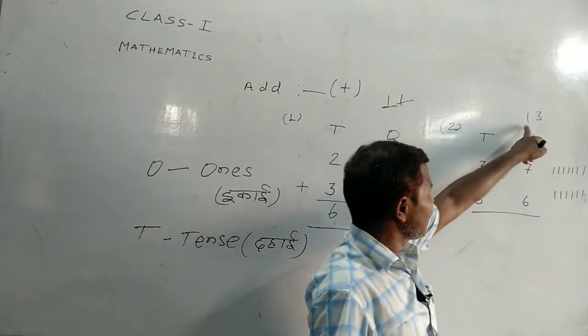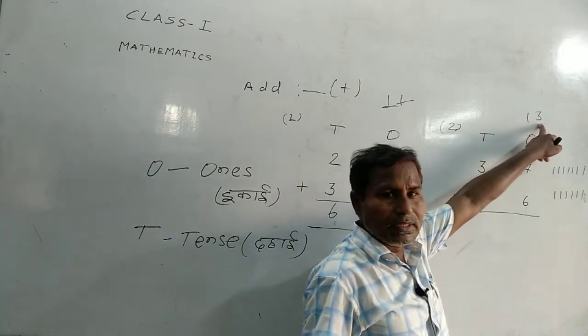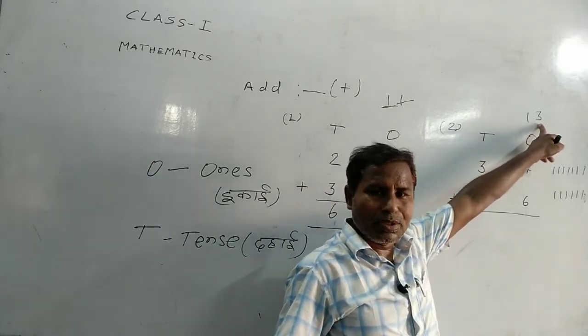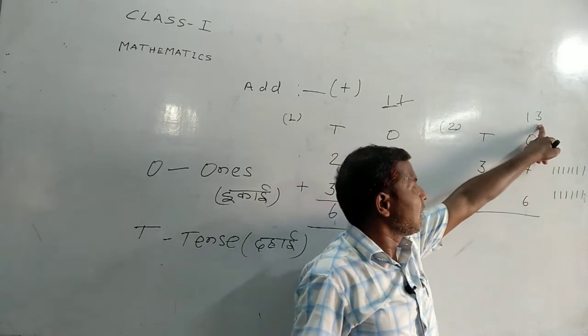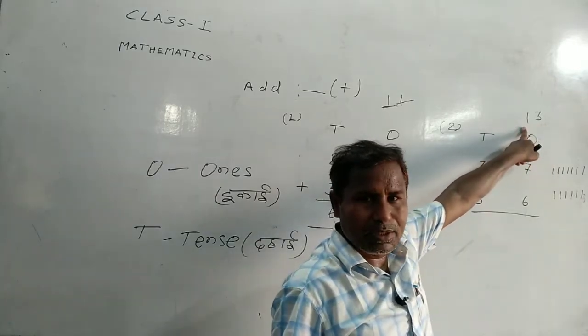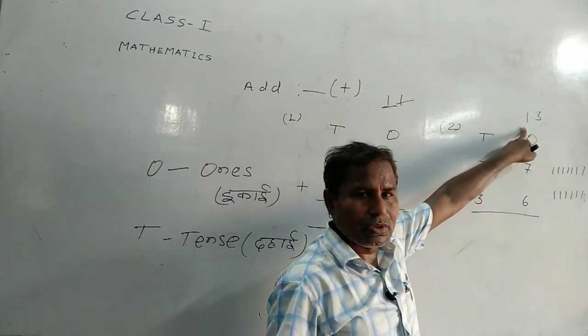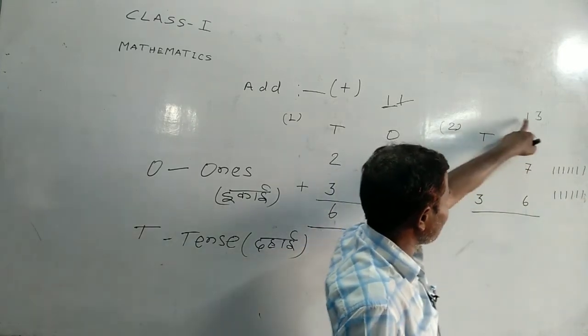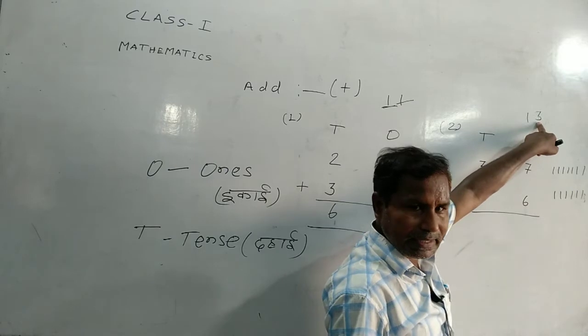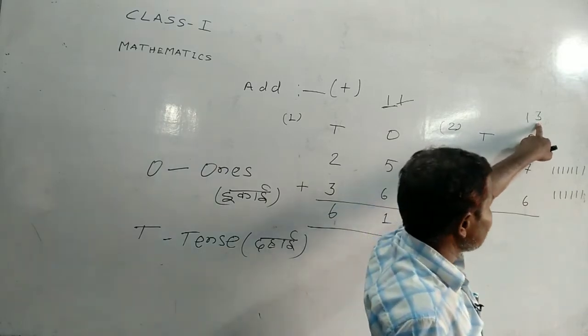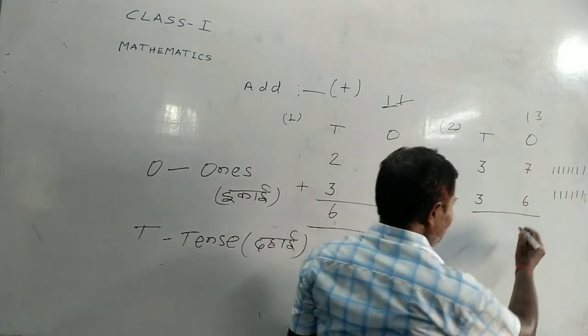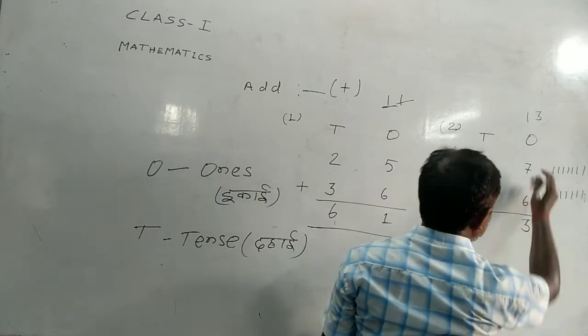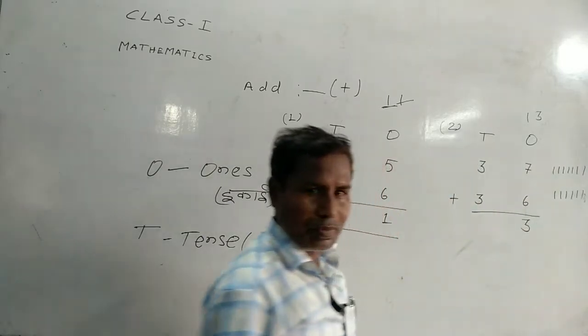You are looking here, 13. 3 stands place of ones and 1 stands place of tens. So we put here place of ones is written 3. 3 puts here under ones place.